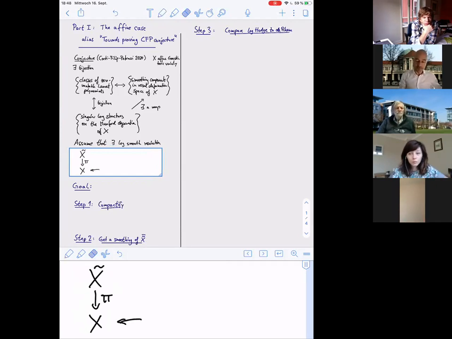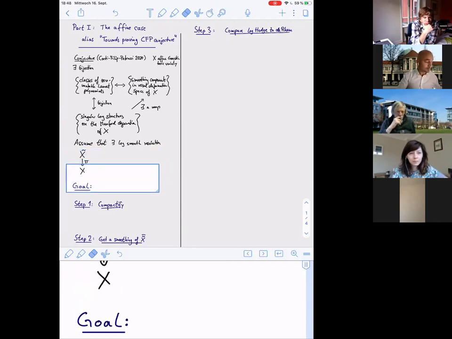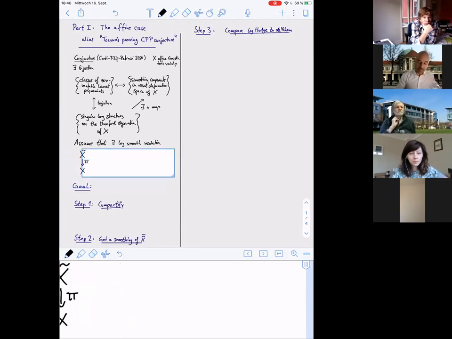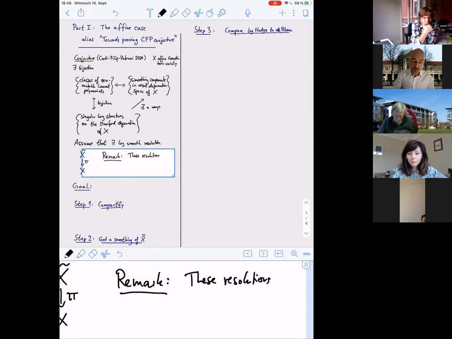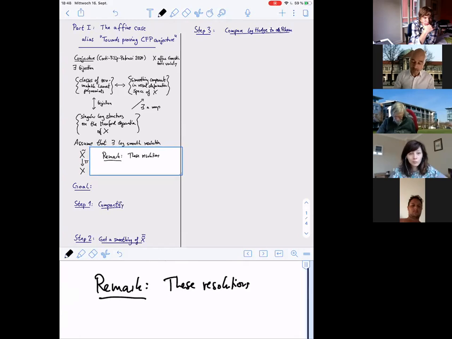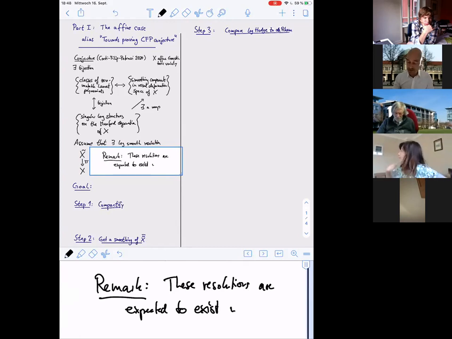That one's affine, but it's reducible and has a single log structure. And then we blow it up in some way. The one point of this assumption is the remark that such resolutions are expected to exist, log smooth and log Calabi-Yau, in all these cases, whenever needed.